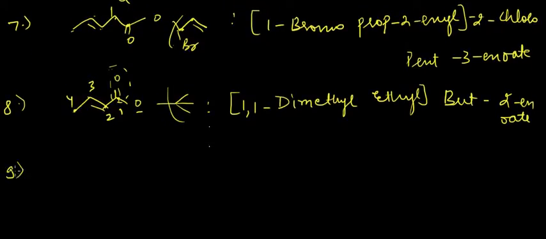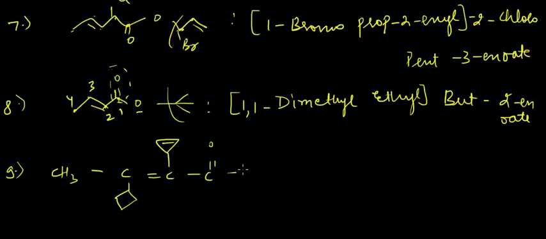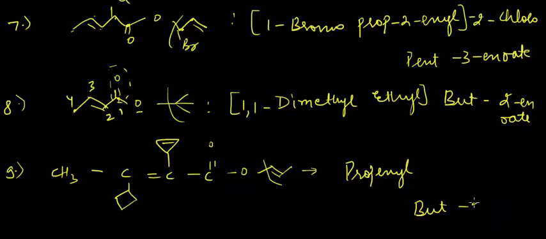Okay, let's look at the ninth example. In the ninth example we have something like this. Cyclobutyl, then a cyclopropyl ring with a double bond in between. The name of this compound would obviously be propenyl. Then we have 1, 2, 3, 4 carbon atoms, so but would be the word root, and the double bond is on the second, so butanoate.